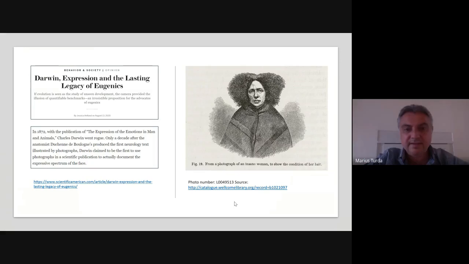You know, as they say, an image is worth 1,000 words. And scientists were very astute and keen to capitalize on the development of photography at the end of the 19th century. What we have here is Charles Darwin's very important book, The Expression of the Emotions in Man and Animals, published in 1872. He was one of the first to use photography to illustrate how he could capture human emotions and animal emotions.